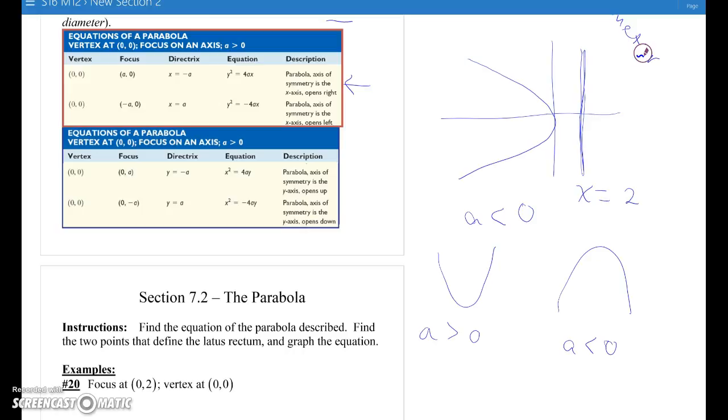And we had equations of x squared equals y, but now any multipliers are going to be on the side with the y. So the squared term is always by itself on one side, and any multipliers are on the other side with the variable that's not squared. So this looks a little different than if we'd written it in function notation. We'd say f of x is 1 over 4a times x squared, but that's not what we're doing anymore. We're using a geometric definition of the parabola.